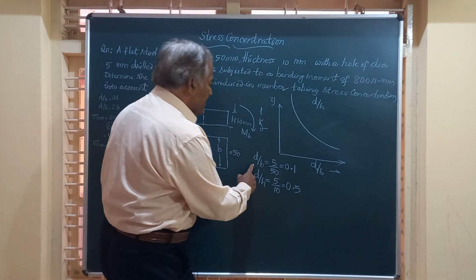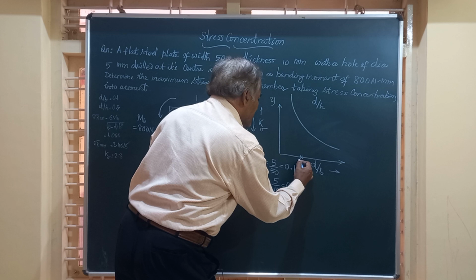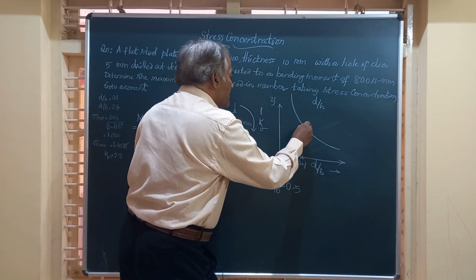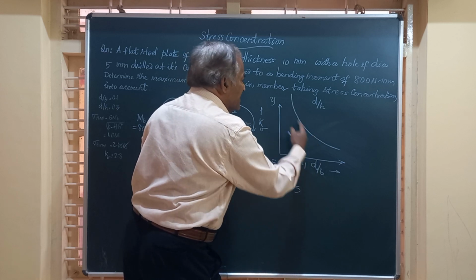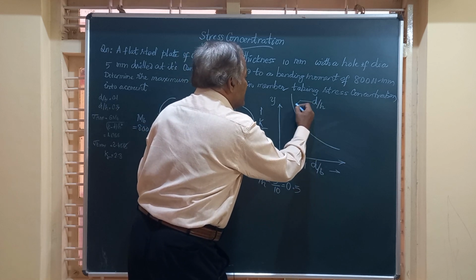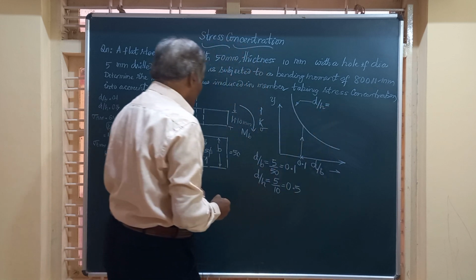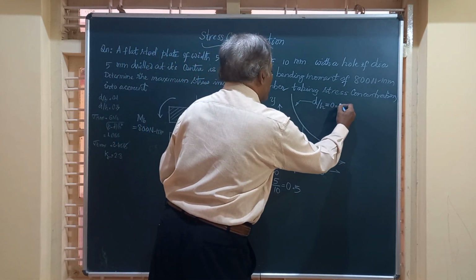Friends, corresponding to this d by b that is 0.1, draw a vertical line till it intersects the curve with d by h value equal to 0.5.